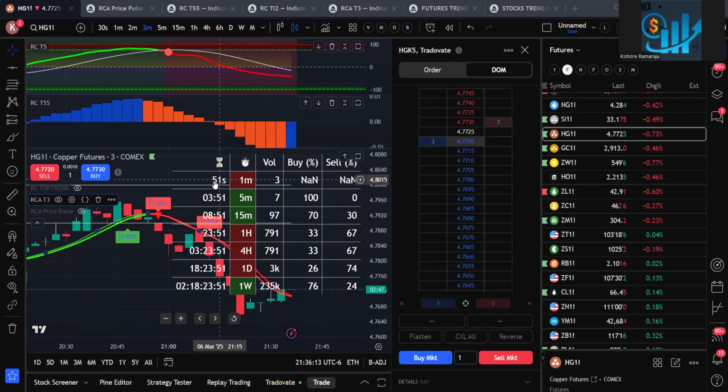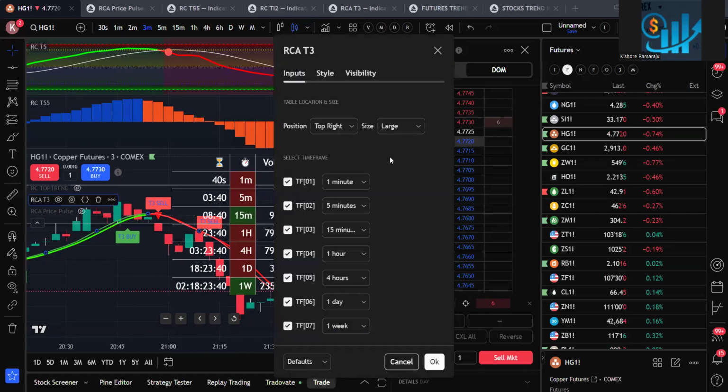It also shows how many more seconds for the next 1 minute, how much more time for the next 5 minutes, like that. And you can change whichever time frame you want. You don't need a weekly, right? Because you mainly do scalping, day trading.